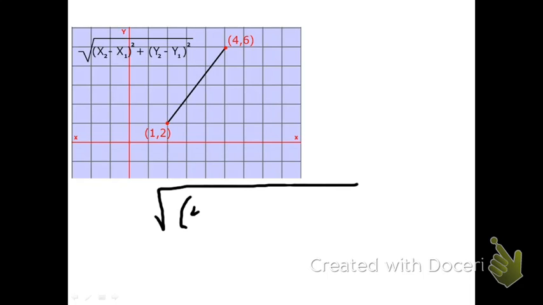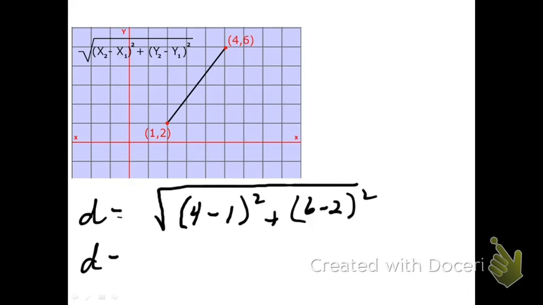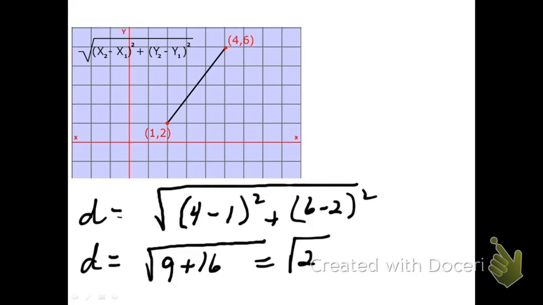So I have 4 take away 1 quantity squared plus 6 take away 2 quantity squared. So this is my distance. So I have the square root. 4 take away 1 is 3. 3 squared is 9. 6 take away 2 is 4. 4 squared is 16. So we end up with the square root of 25. And as we saw earlier, that distance is 5.